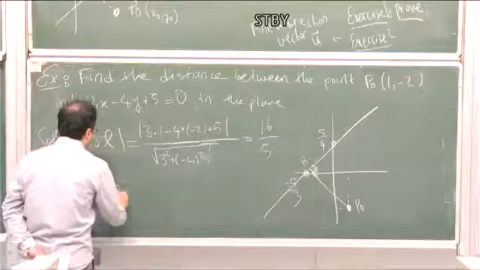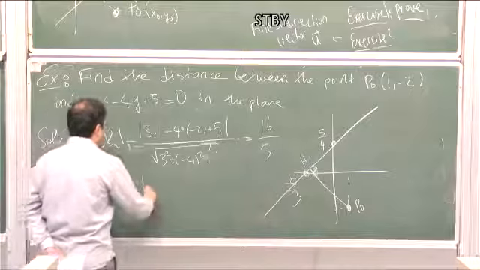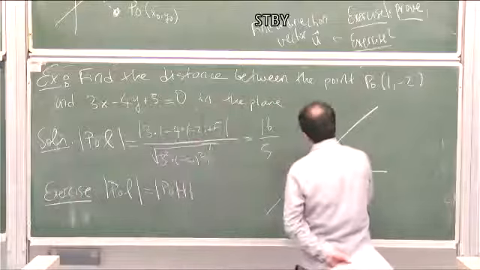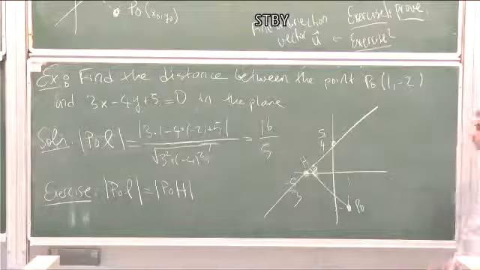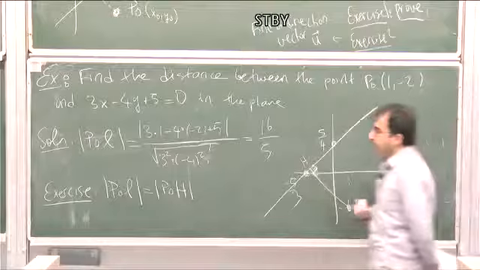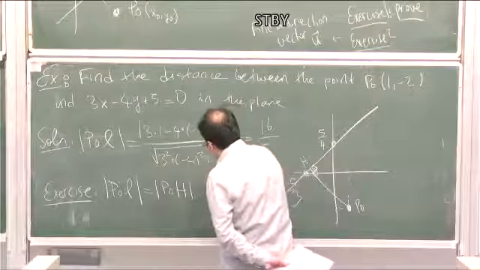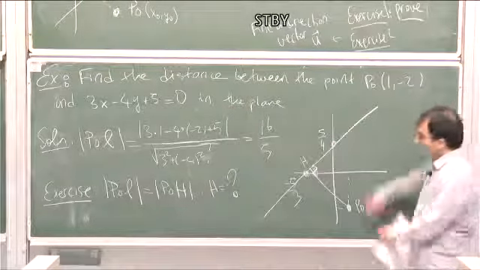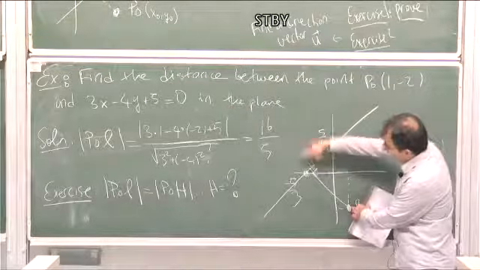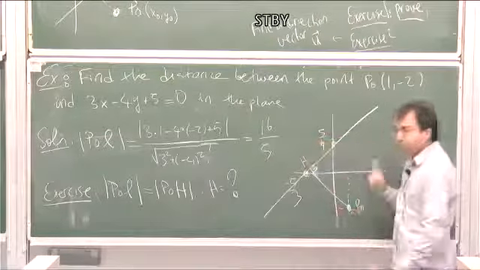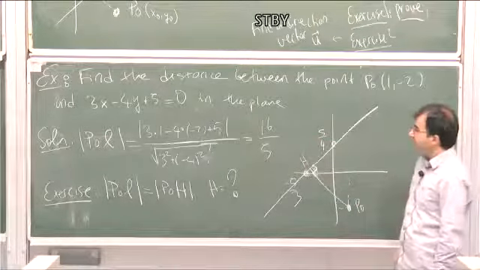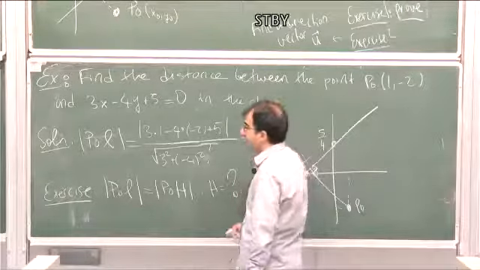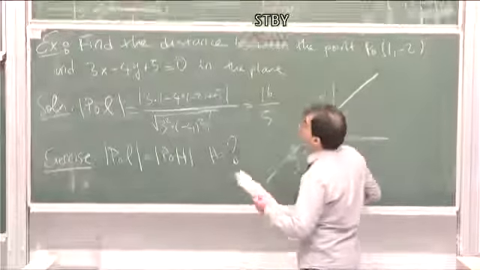Remember that the distance between P0 and L is equal to P0 times H, where H is where we have this right angle. So I'm asking now, find this H. We only know that this distance is 16 over 5, but we can also ask to find this point H. What is it? This is also a very good exercise, so I leave it to you to work out yourselves.